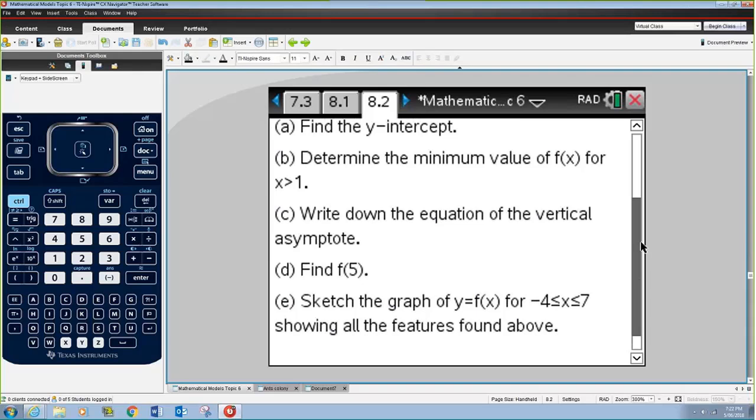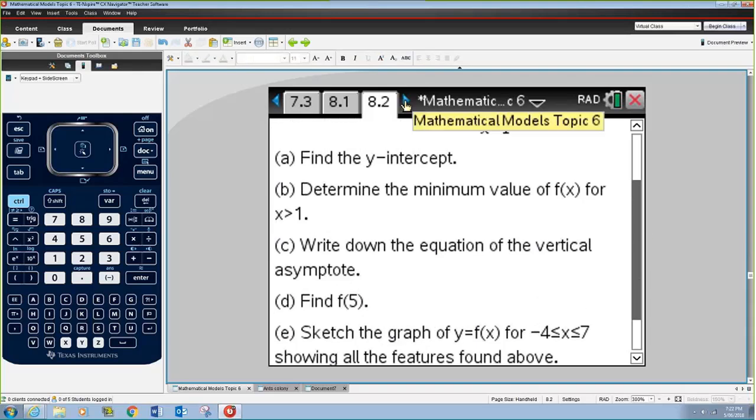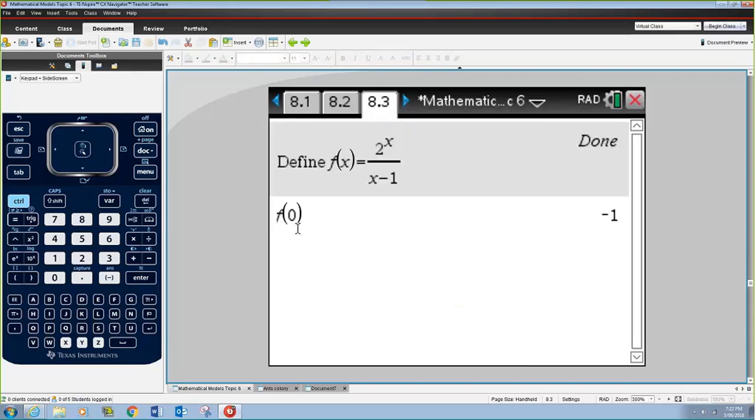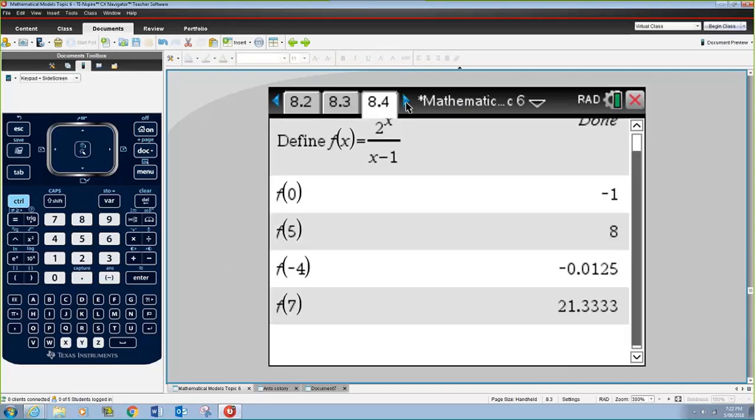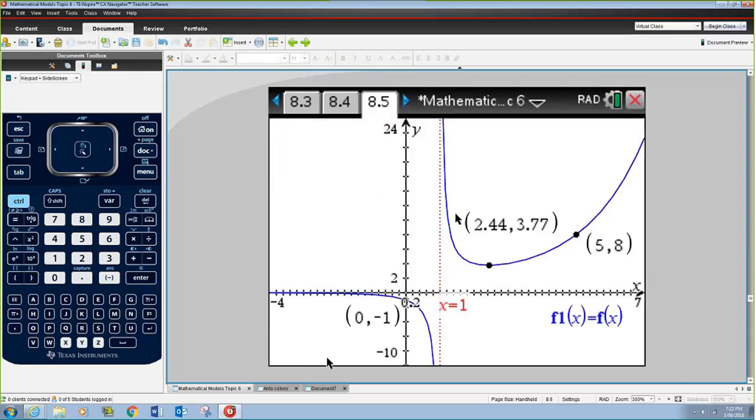So again, if we define this function, we can easily find f of 0, which is the y-intercept. And we can find the values at other points as well. Now, if we sketch the graph, we can clearly determine the minimum value when x is greater than 1.